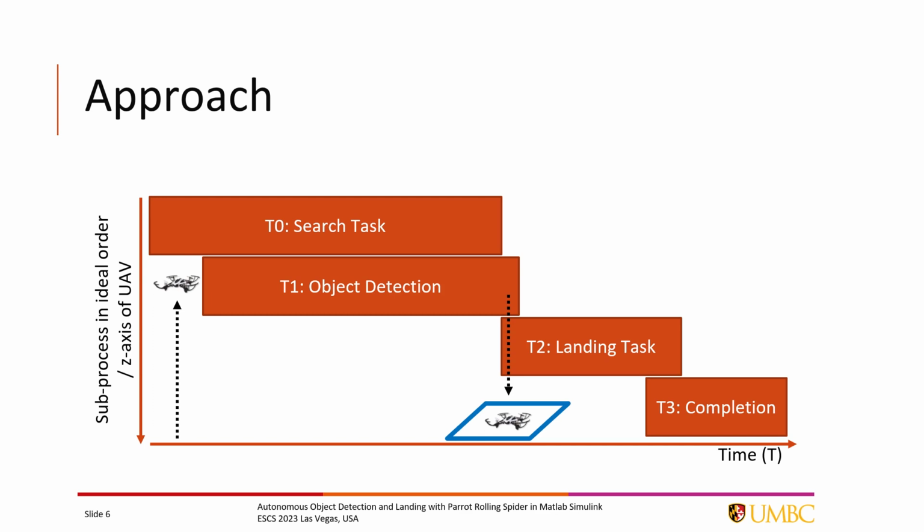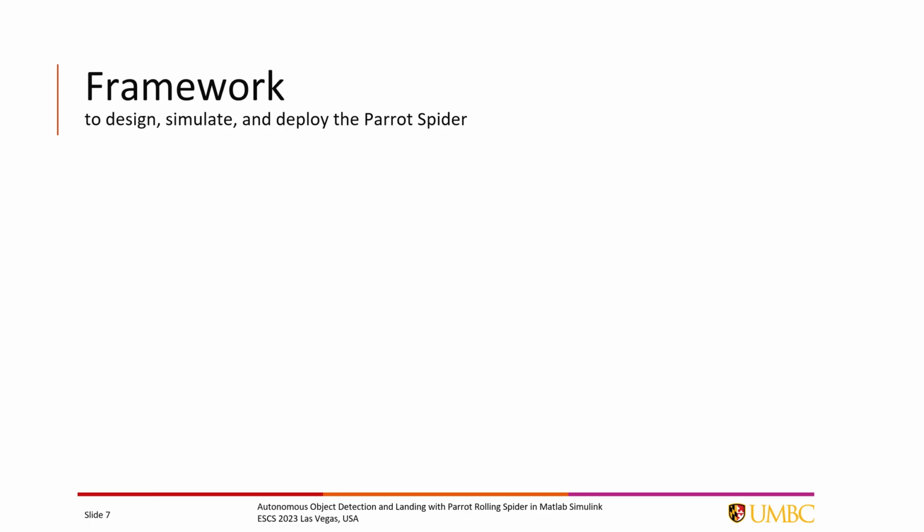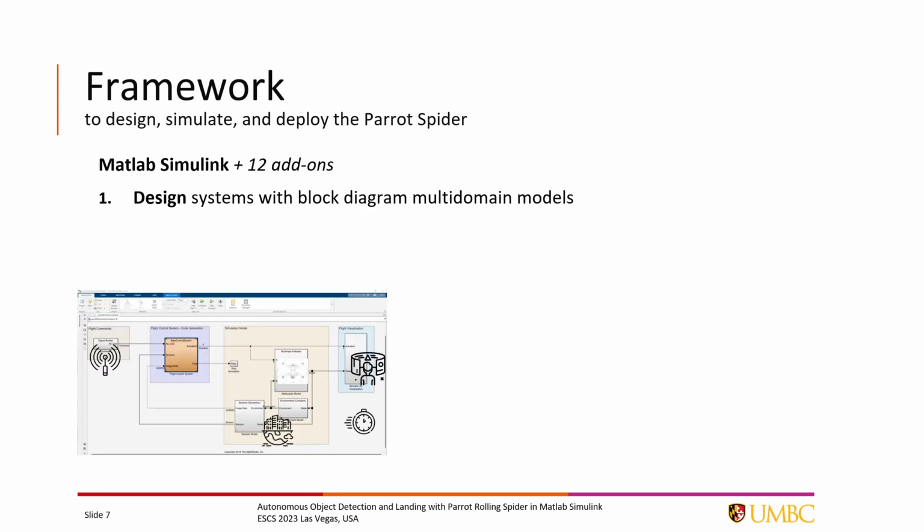For the framework, we choose to set up Matlab Simulink with 12 add-ons. This software package provides a model design-based framework with which we were able to design the flight control system and each subtask of our approach in block codes, set controls and adjust parameters of the flight control system, the environment, and external signals, and more.